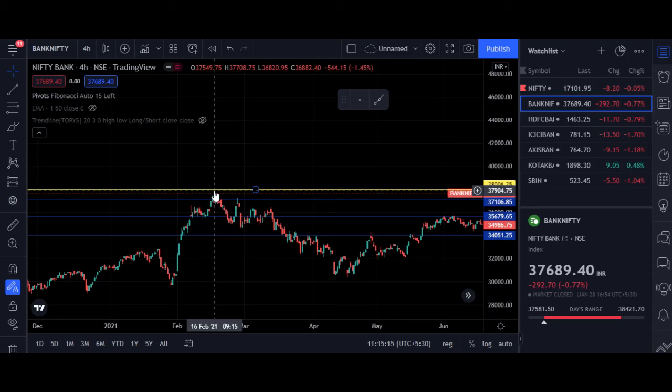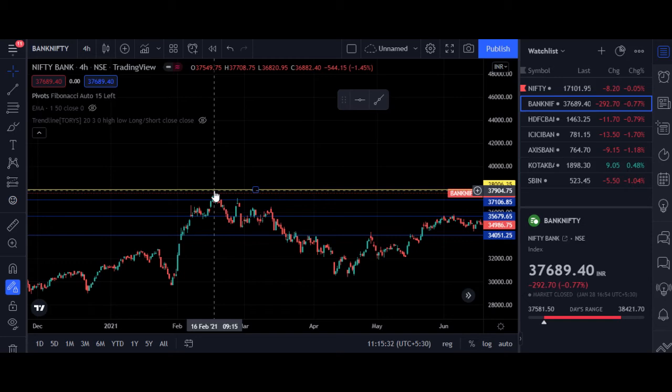There is no pivot. If you do S4, S5 also, I don't see any near that. So that is the importance of support and resistance, guys. Okay, so we have covered that topic also.